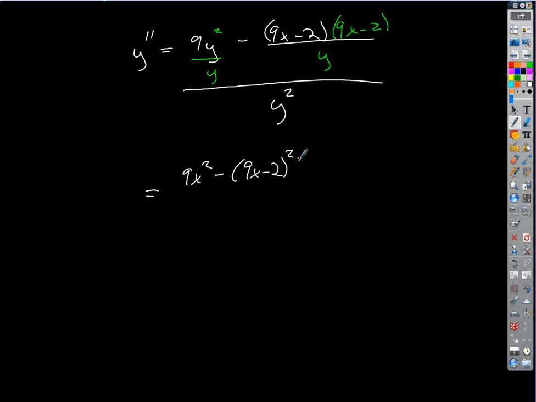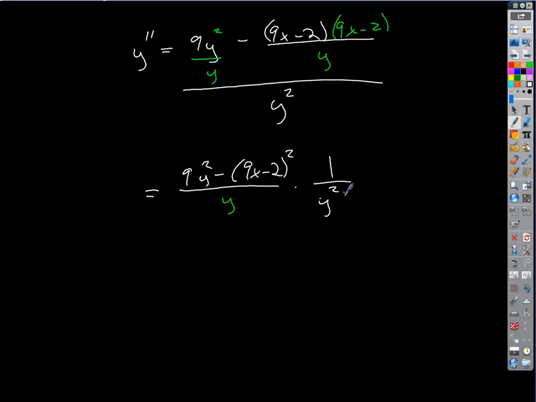Oh, 9y squared, whoops, you're right. That's got to be a y. Okay, good. Over my common denominator of y, all over y squared. But what we'll do is just multiply by the reciprocal of the denominator, like that.